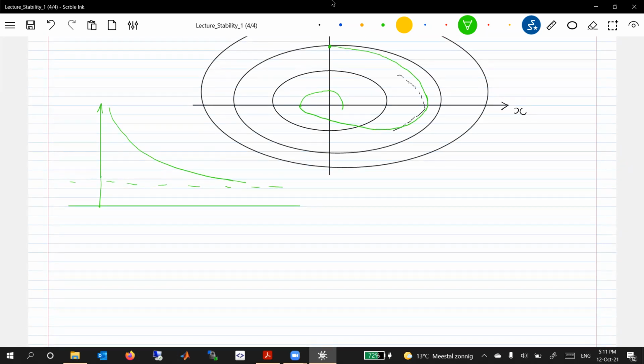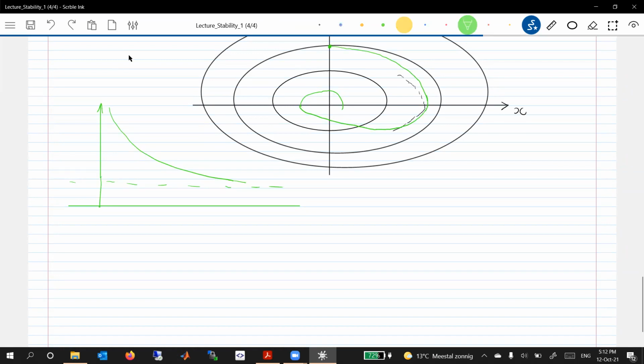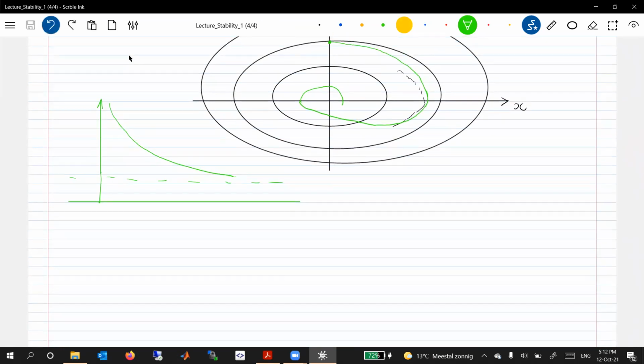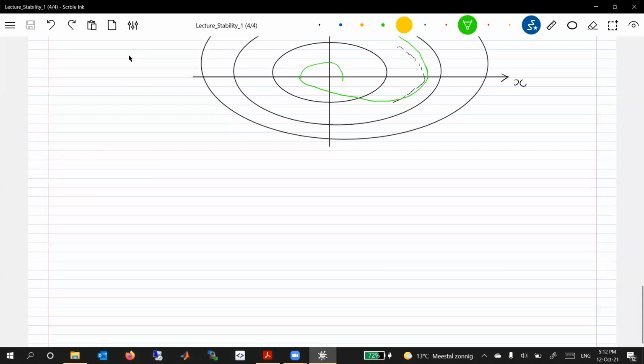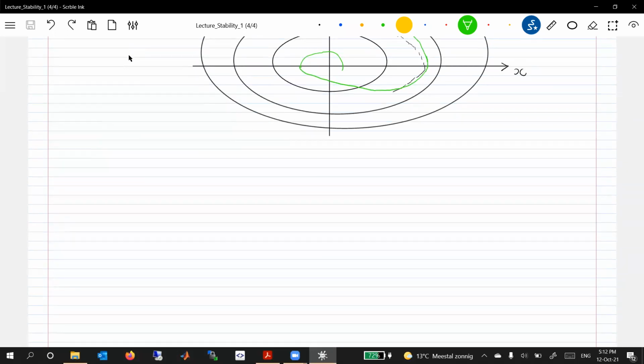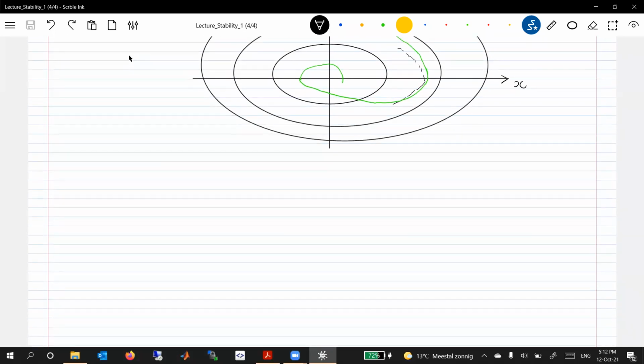From our physical intuition, of course, we can wave our hands and say that trajectories always go towards the origin, but this requires a little bit more mathematics than just hand waving, if we want to actually show that this is an asymptotically stable fixed point.